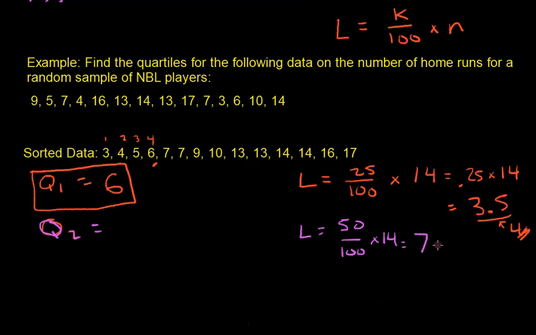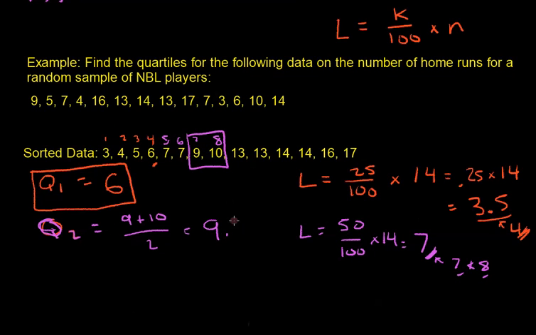Remember, whenever L is a whole number, you should average that whole number and the next. So 7 and 8. So here's 4, 5, 6, 7, 8. So if we average 9 and 10, that'll be the median, or the second quartile. 9 plus 10 divided by 2 is 9.5.